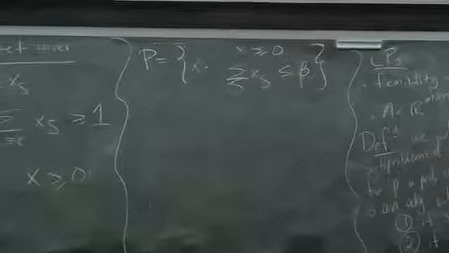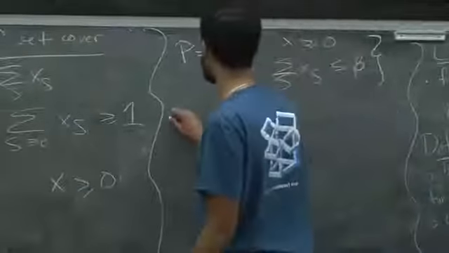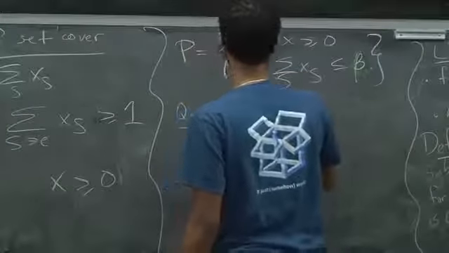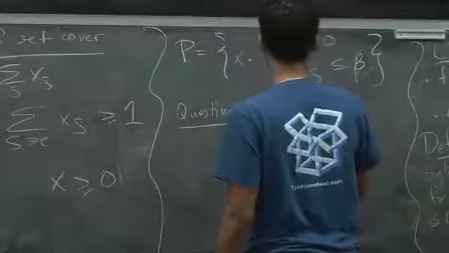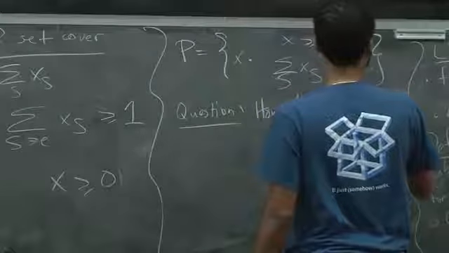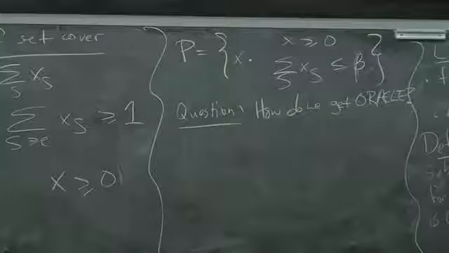Okay. So how would we implement? So the question, how do we get an oracle, right? We need an oracle to be able to apply this multiplicative weights idea for set cover.